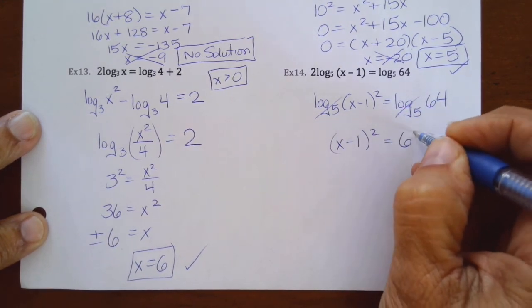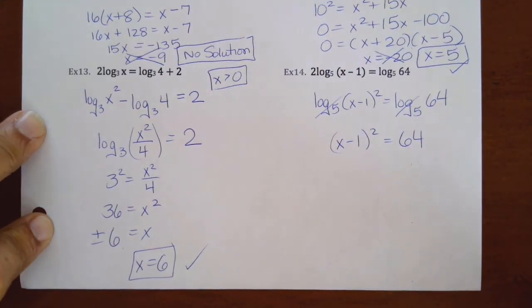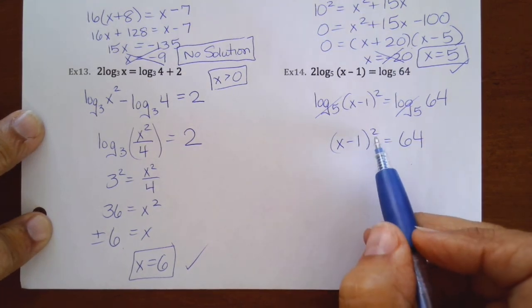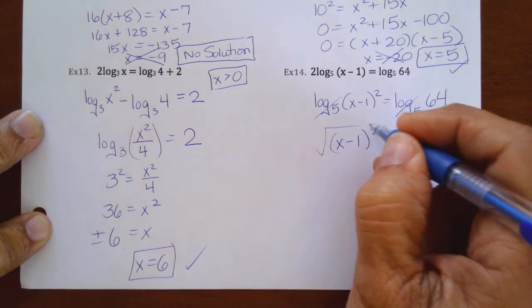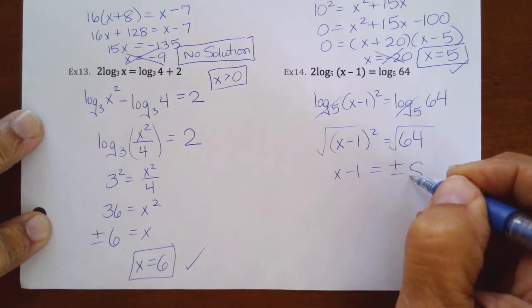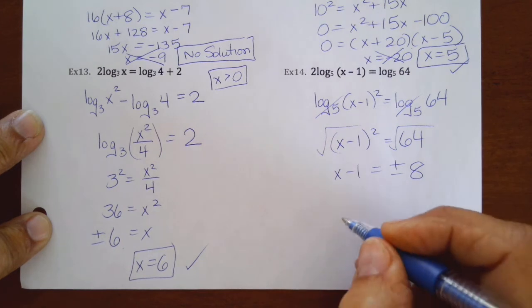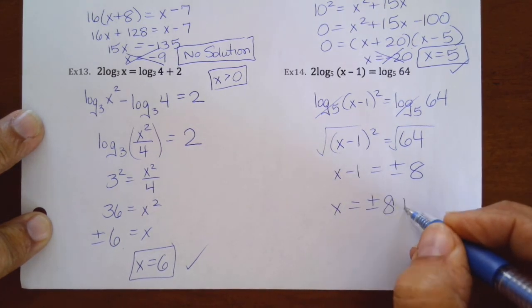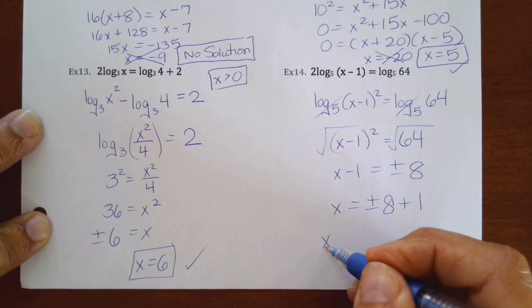If you have a log on each side, you just get rid of them versus writing them as an exponent. All right, so that's a perfect square, so we can get rid of the squared by taking the square root of both sides. So x minus 1 equals plus or minus 8. And then we're going to add 1 to both sides, so plus or minus 8 plus 1. So we get 2 answers.